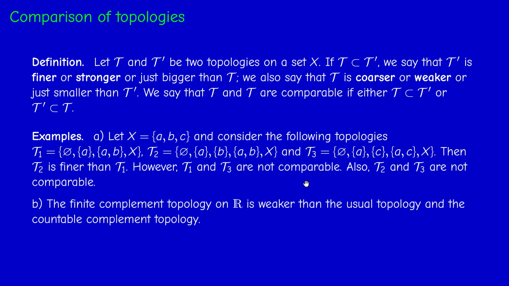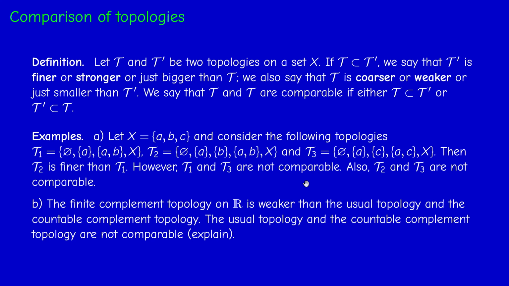The finite complement topology on R is weaker or smaller than the usual topology. Why? You tell me why. Try to guess. How do you prove that the finite complement topology is contained in the usual topology? How do you prove that a collection is contained in another one? We take an element of the collection.